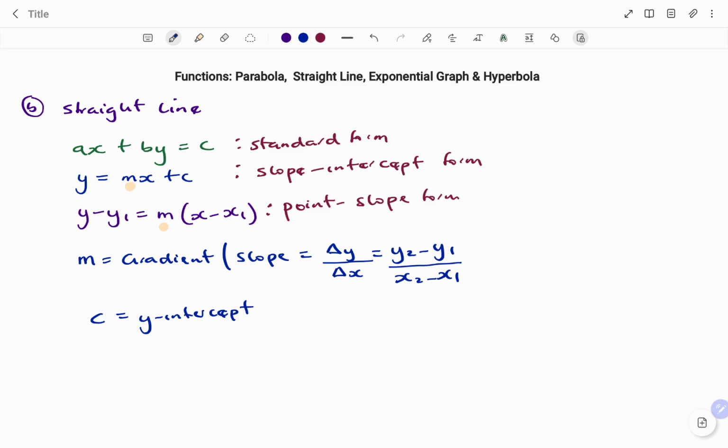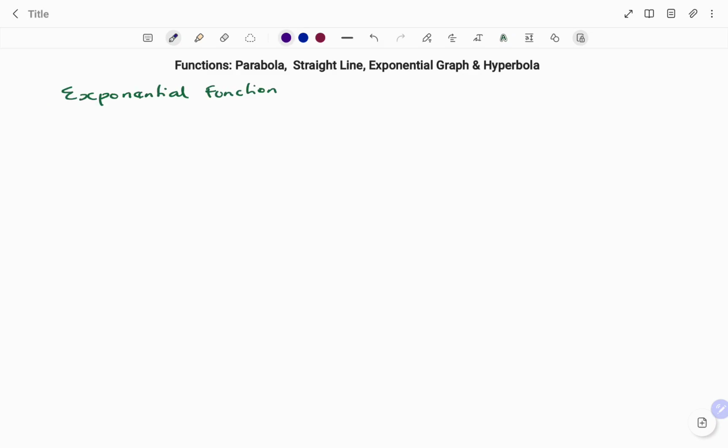The third function we're going to look at is our exponential graph. For my exponential function, the formula is y equals a multiplied by b to the power of x, plus my q.